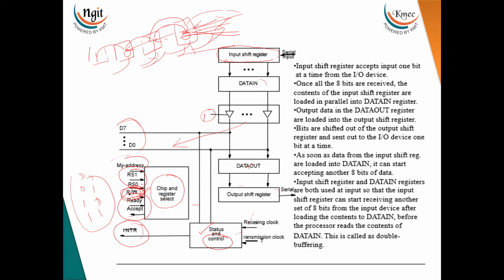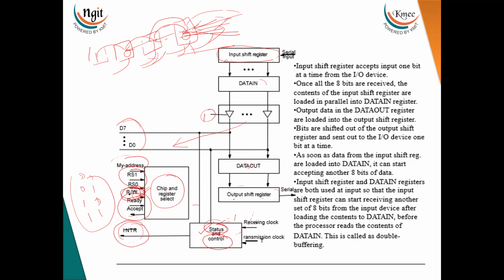So the processor will read the data and write. Now what does the status mean? The status tells whether the registers are filled or not. And also if any errors occur during data transfer, that error information is also given by the status register.